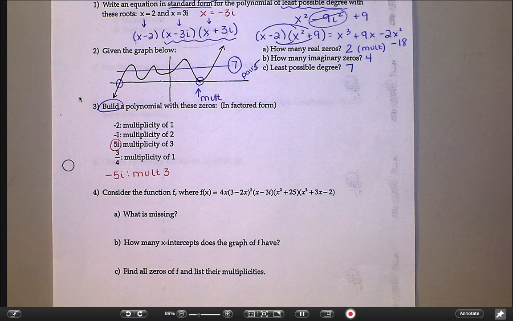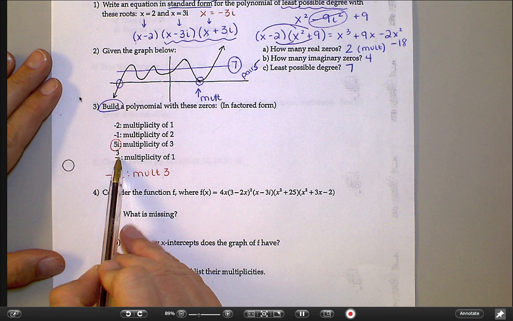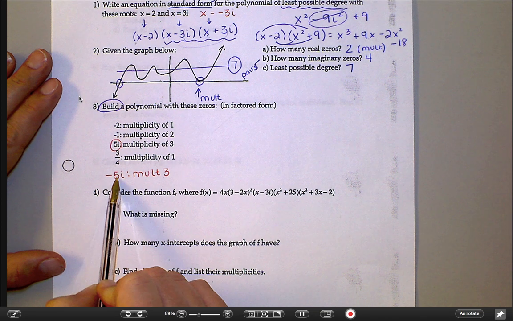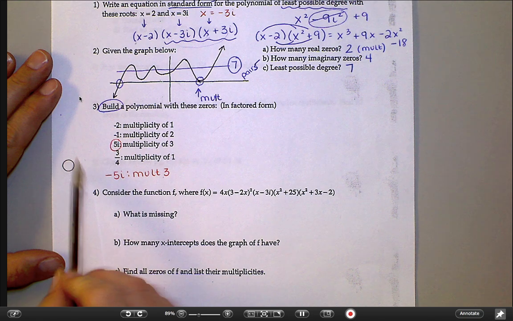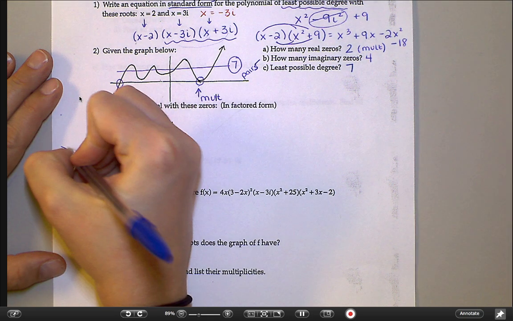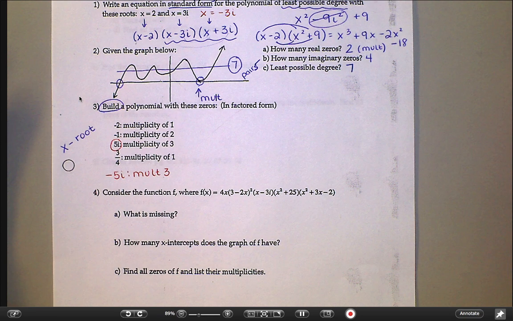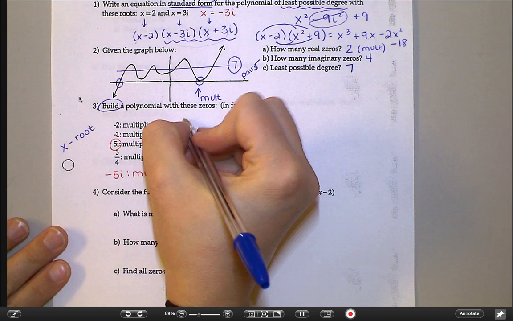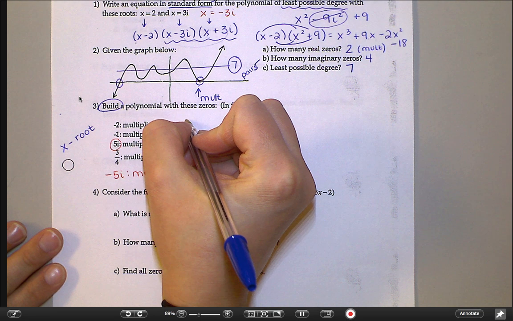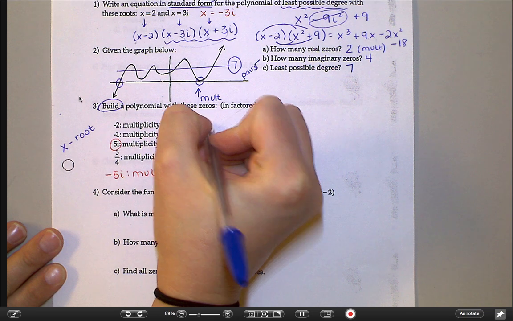So now I'm going to turn each one of these roots into a factor. And then once each one of them is a factor, I'll give them their multiplicity. Remember it's always x minus whatever the root is. So if I were to do x minus negative 2, that's really going to be x plus 2.